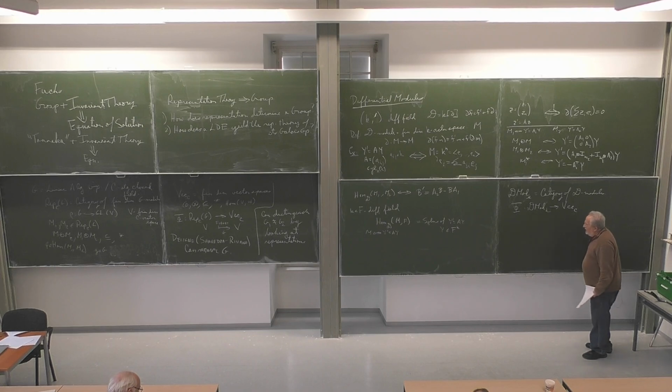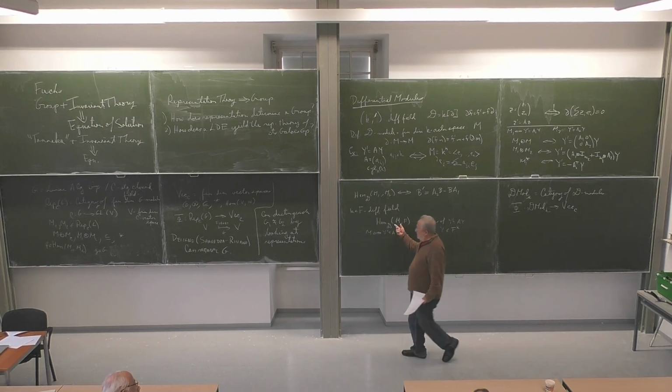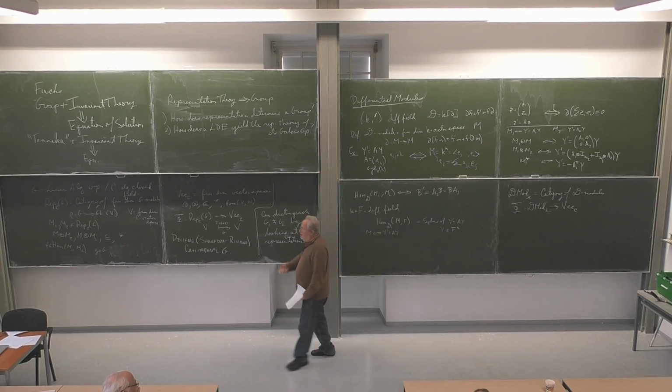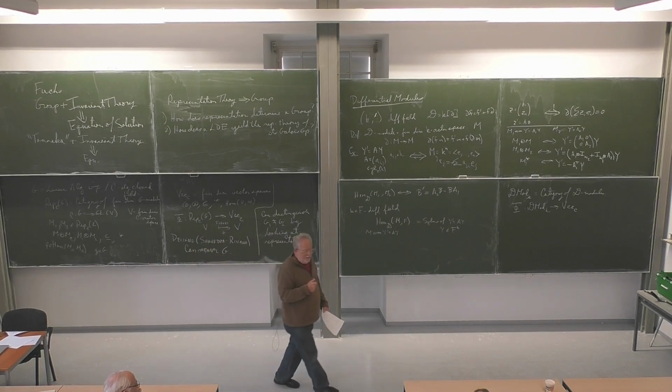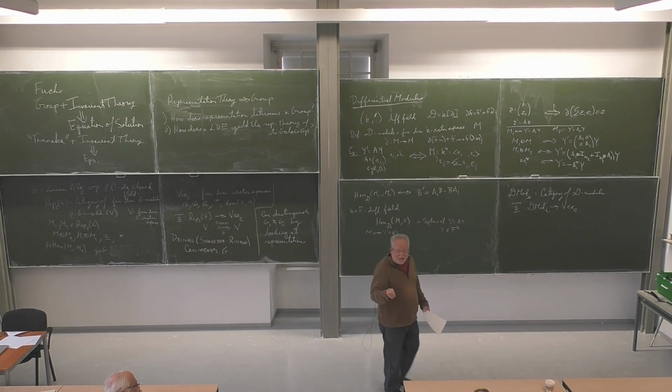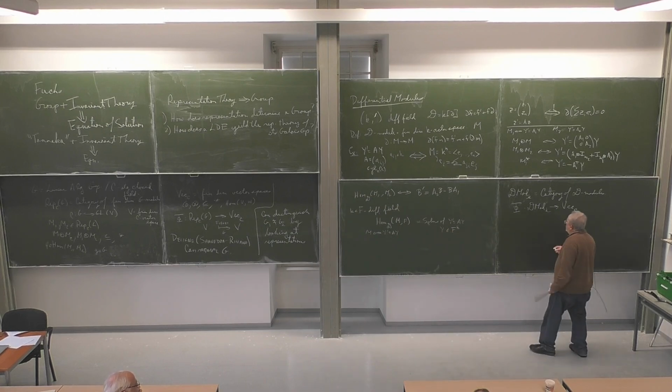And what it is, you take a module, pick a basis, write down the equation, look at the Picard-Vessiot extension, and look at solutions there. And again, one has to check that all of this is suitably independent.